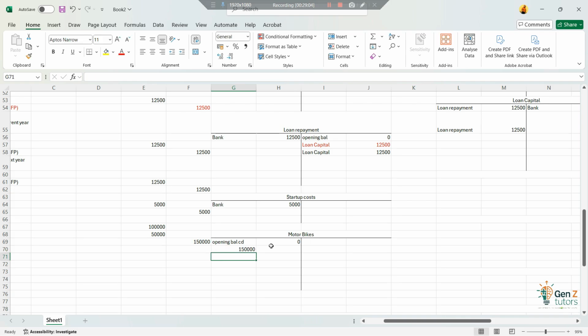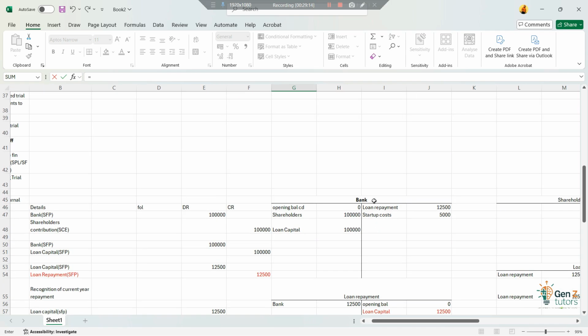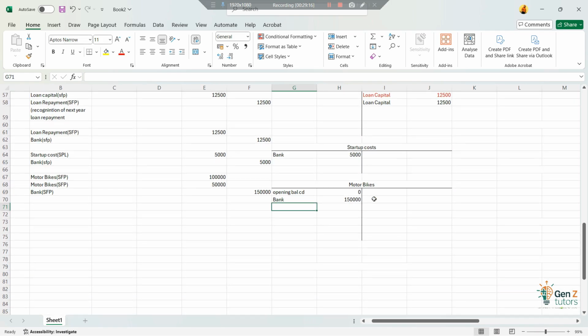Sorry about that, let's just fix that. It was 150,000. And that 150,000 is due to what? You paid for it via bank. So we go to bank and link this in here. Then that was due to bank, and we leave it like that. Then from there, we're done with our transaction regarding motorbikes here.